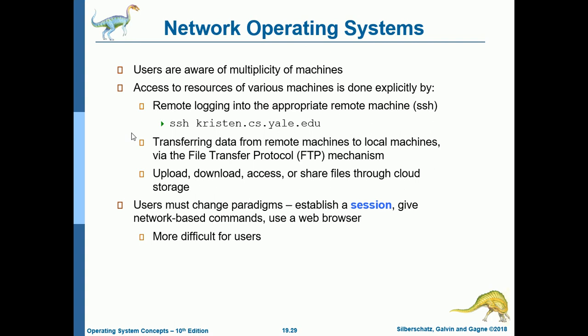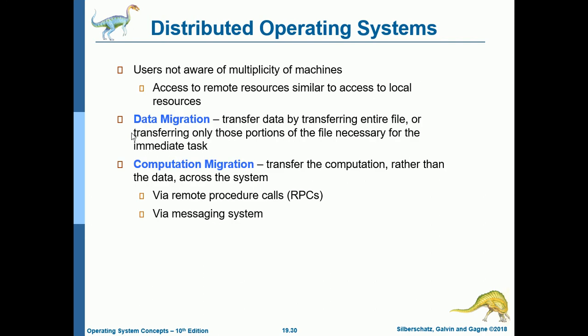Then you upload, download, access or share files through cloud storage. Users must change paradigms, establish a session, give network-based commands, and use a web browser. So it is more difficult for users because I think most are familiar with using just a web browser.